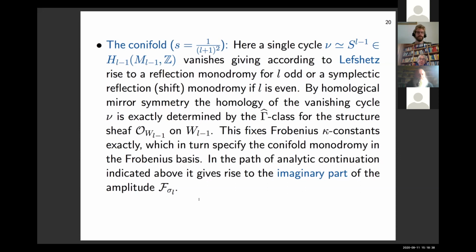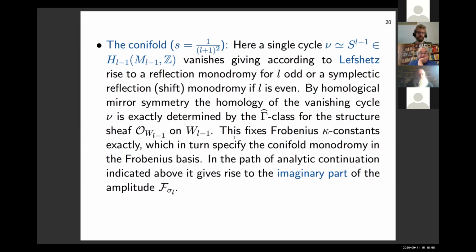So now by homological mirror symmetry, I will actually be able to determine the homology of this vanishing cycle exactly in terms of the gamma class of the structure sheaf on the ambient space. And you will see this is completely explicit in terms of beautiful zeta functions and so on.